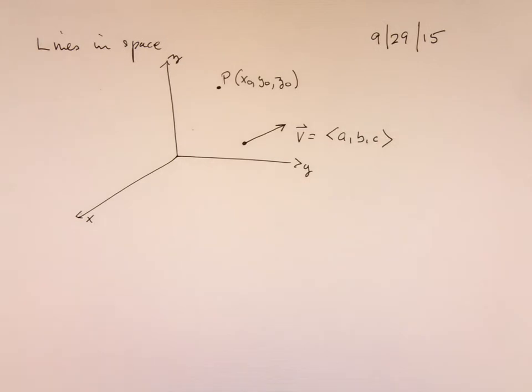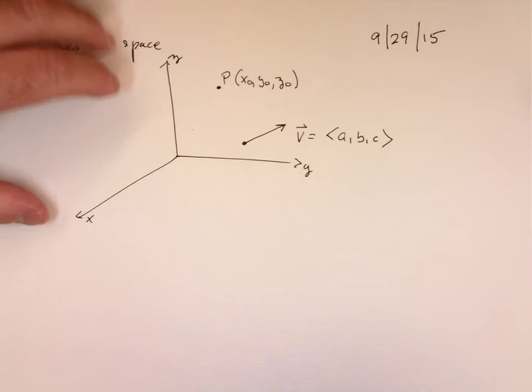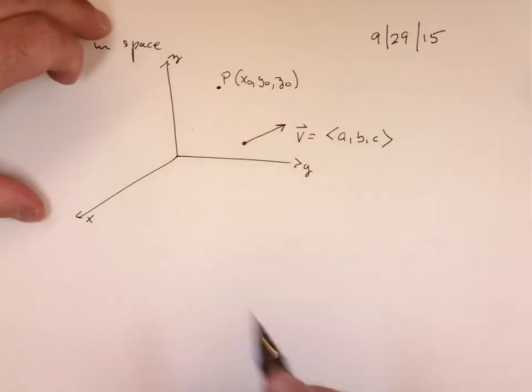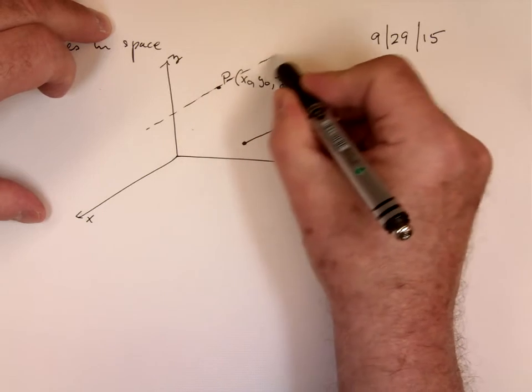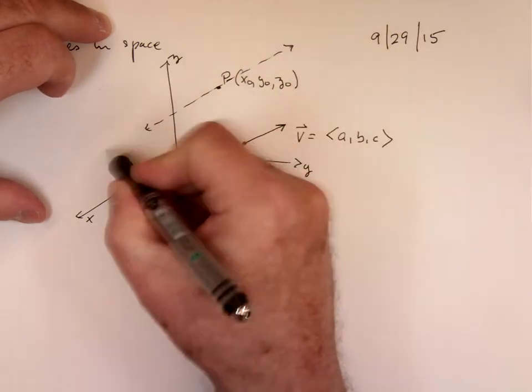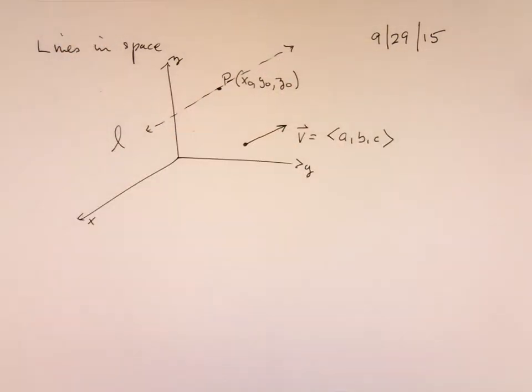What we want to do is find the equation of the line in space through this point parallel to that vector.